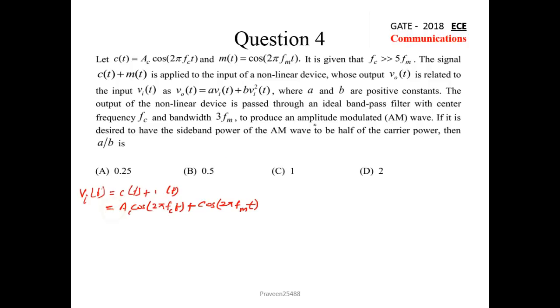Now it's given that the output v_o(t) is related to it, so here we will write v_o(t) is nothing but a v_i(t). a will be multiplied by this term v_i(t), so it would be A_c cos 2 pi f_c t plus cos 2 pi f_m t.